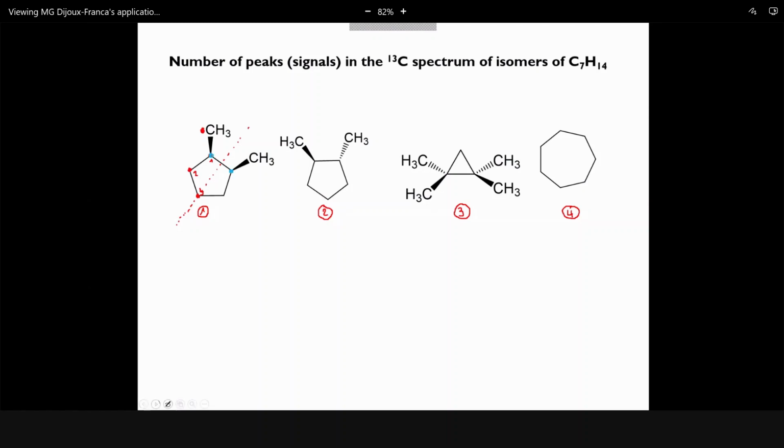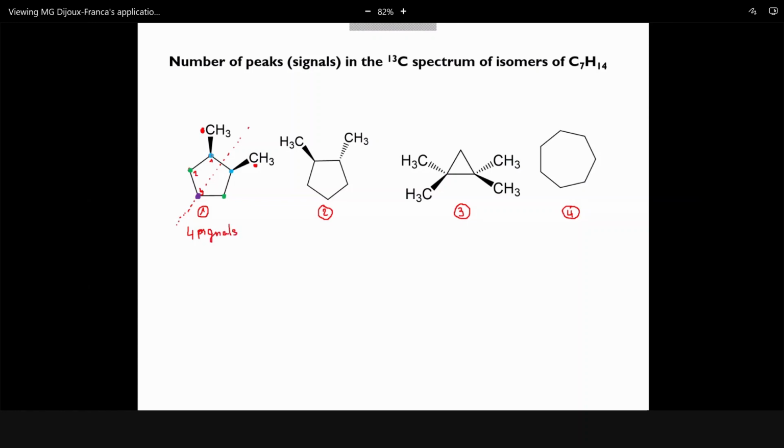They have the same chemical shift. These two are equivalent. They have the same chemical shift. And this one is alone, so it has its own chemical shift. And the methyls are equivalent, so they have the same chemical shift for both of them. Okay, for everyone? Or let's say signals.